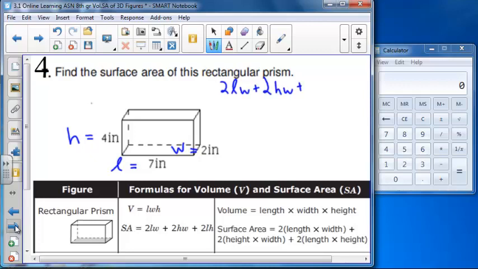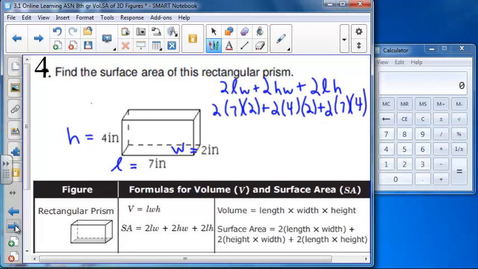We'll substitute into the formula 2LW plus 2HW plus 2LH. The length is 7, the width is 2. The height is 4. The width is 2. Lastly, the length is 7. And the height is 4.